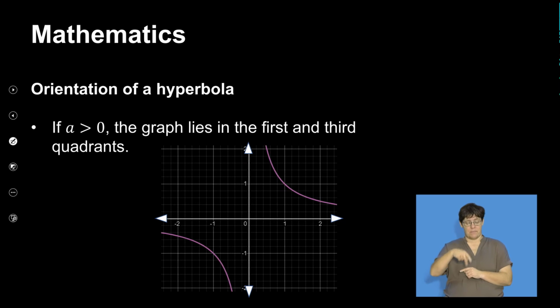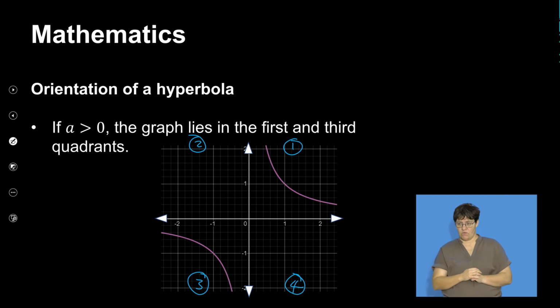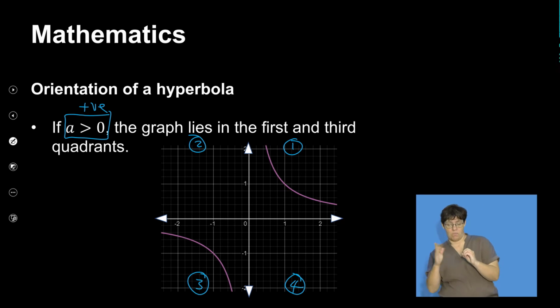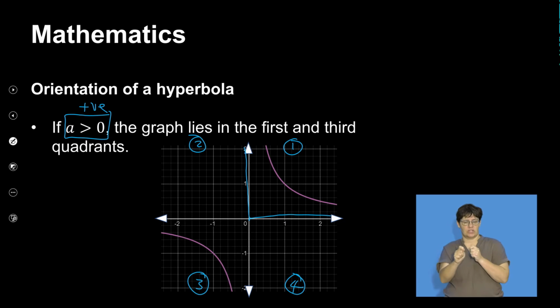Now, if a is greater than 0, the graph normally lies in the first and the third quadrants. Remember, this is my first quadrant, that's my second quadrant, that's my third, and that is my fourth, right? Now, just to explain what this means, if a is positive, it simply means that the gradient, although we don't really talk about the gradient with a curve, which is normally change in y over change in x, is a positive one.